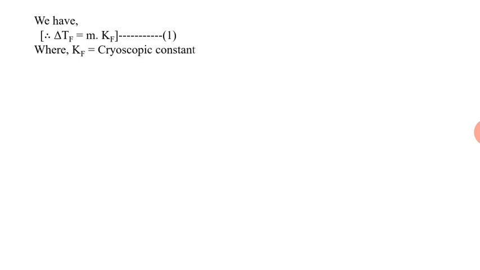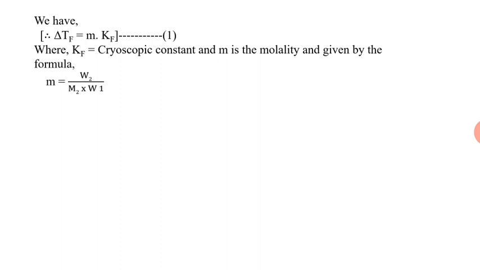We have our equation delta TF is equal to m into Kf, equation number 1. We know Kf is a cryoscopic constant and m is the molality of the solution, given by the formula m is equal to W2 upon M2 into W1 into 1000, equation number 2.